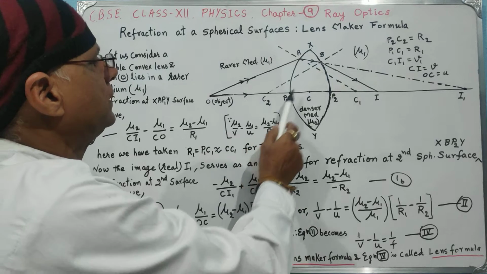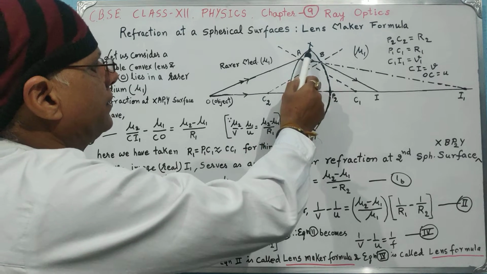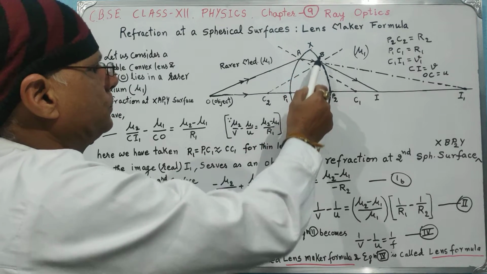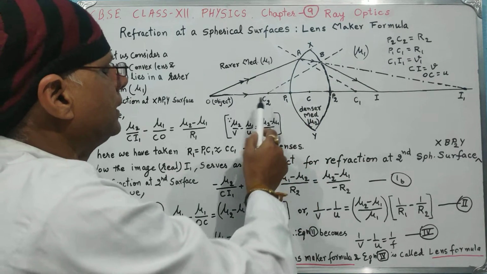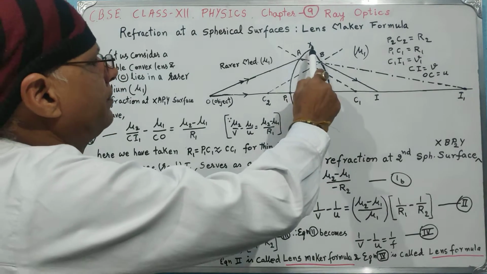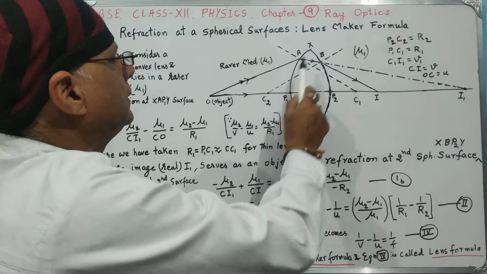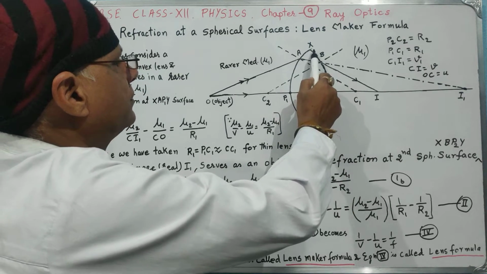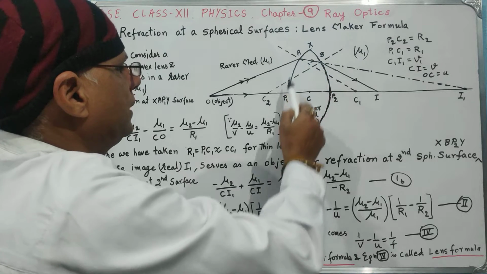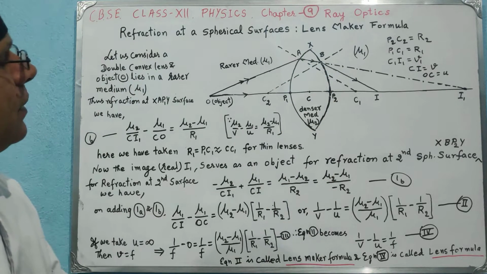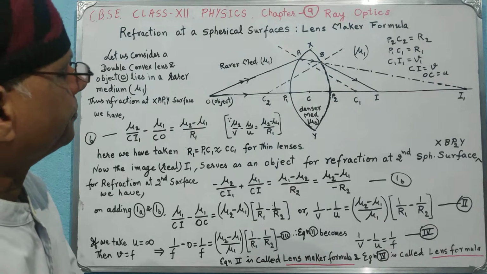Here C2 is the center of curvature of the spherical surface XBP2Y, and C1 is the center of curvature of the spherical surface XAP1Y.